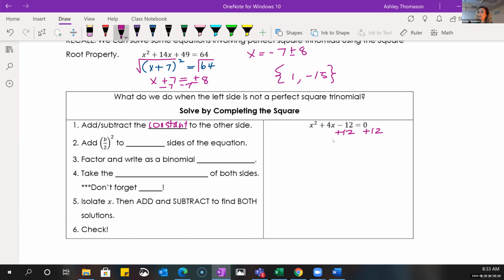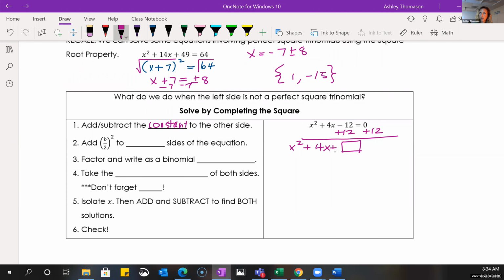I'm going to leave an empty space where this 12 was. I usually literally draw a box or a square because I'm going to complete the square by filling in this square. On this side I have x squared plus 4x plus whatever perfect square I'm going to put in there to create a perfect square trinomial.